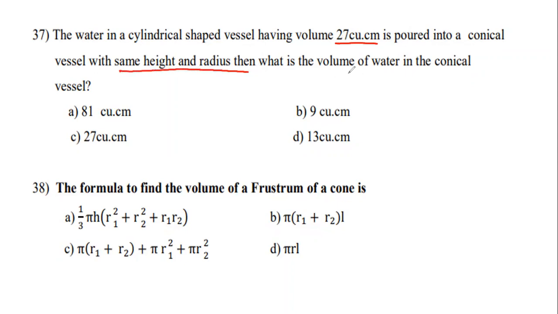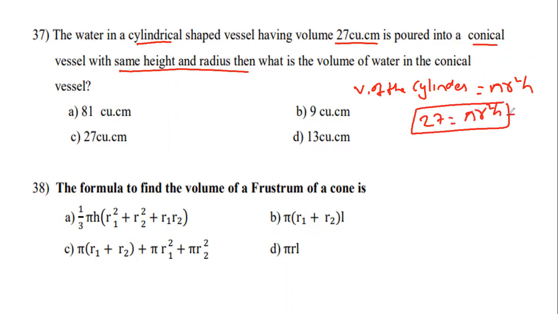Then what is the volume of the water in the conical vessel? The given one is a cylinder, the other one is a cone. What is the formula for volume of the cylinder? Pi r square h. You will get 27. So 27 is equal to pi r square h. Call this equation 1.